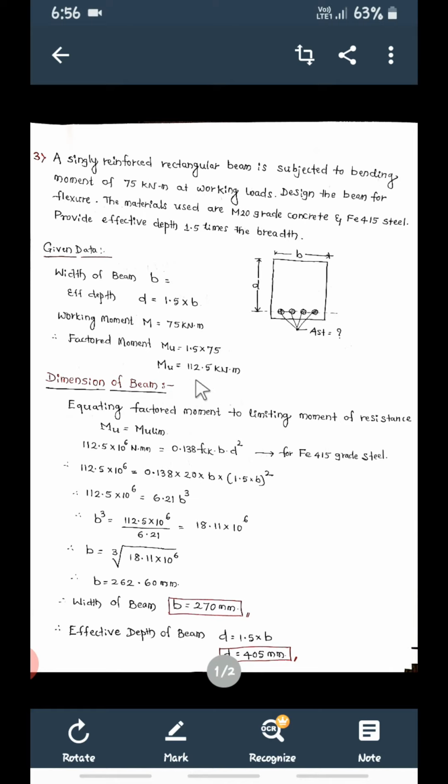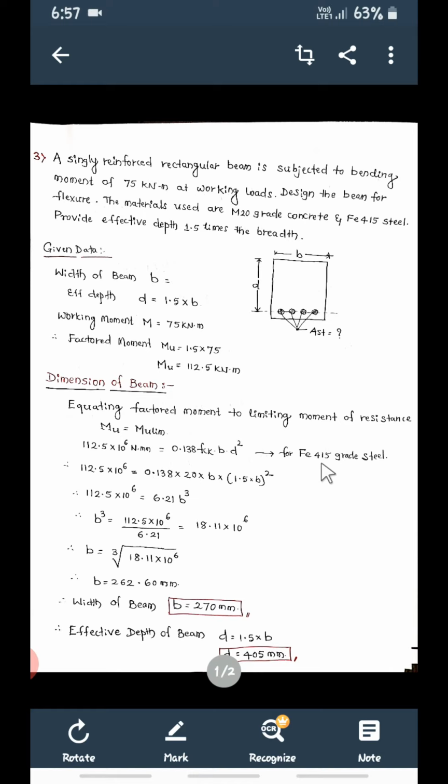Multiply this with 10 to the power of 6. If you multiply by 10 to the power of 3, kilonewton becomes newton. Again multiplying by 1000, meter becomes millimeter. So 112.5 into 10 to the power of 6 Newton millimeter.